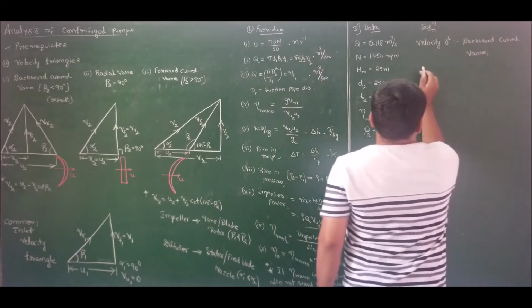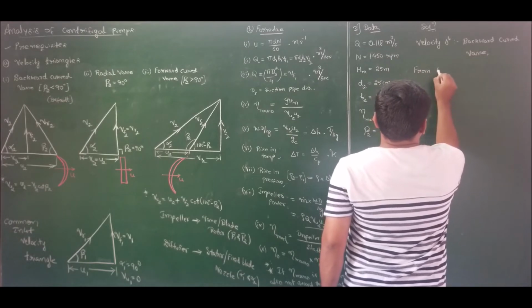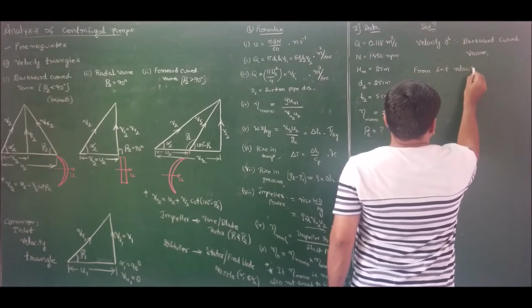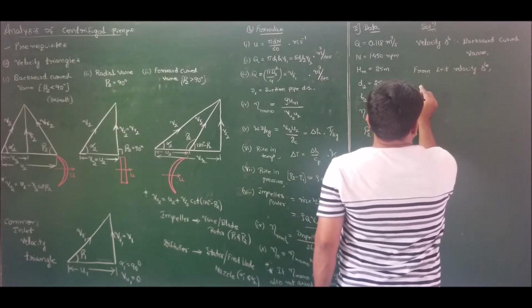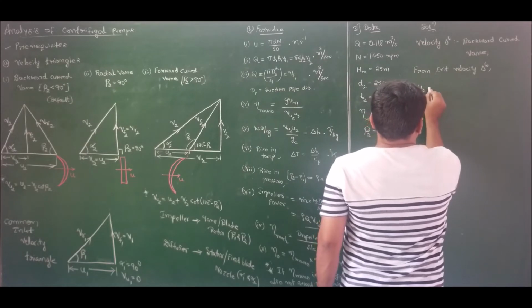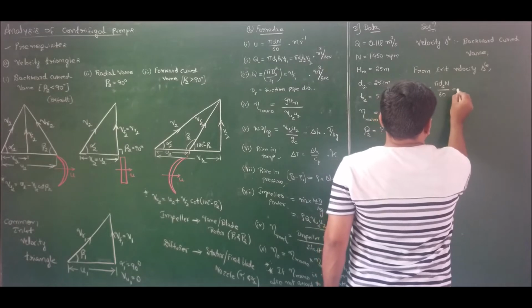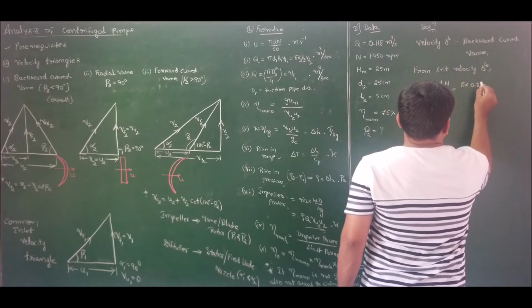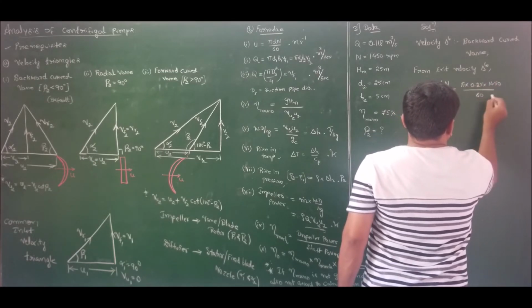So from the exit velocity triangle, U2 is equal to pi D2 N by 60, which is equal to pi into 0.25 into 1450 divided by 60.